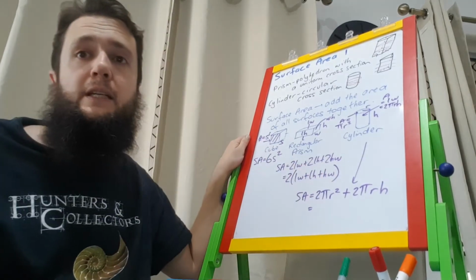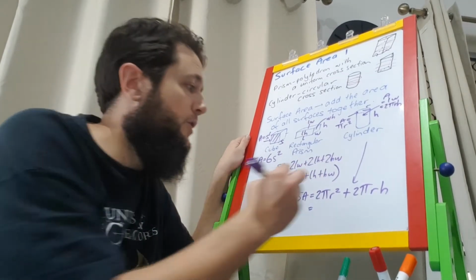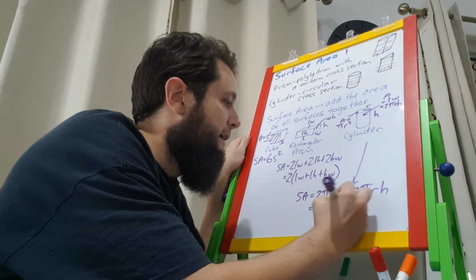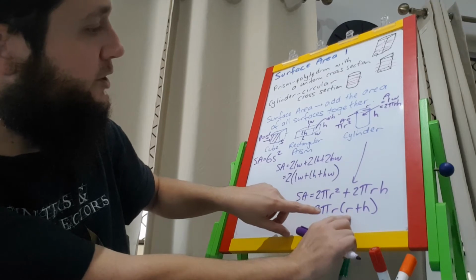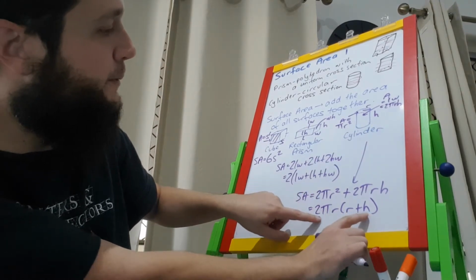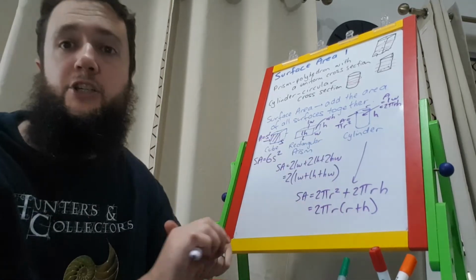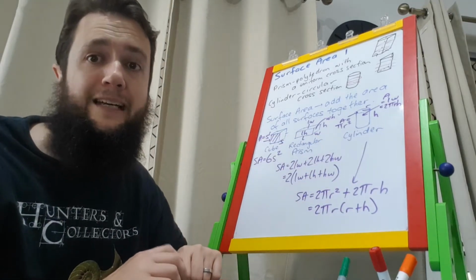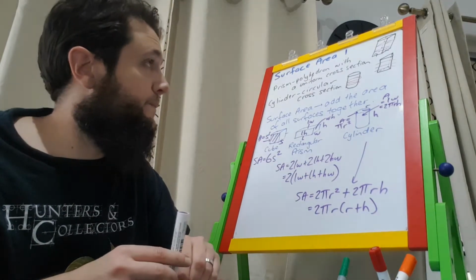So you will see in the text and elsewhere, often you'll see it quoted as 2 pi r, in brackets r plus h. Because 2 pi r times what would give 2 pi r squared? It's an r. And 2 pi r times what would give us 2 pi r h? It's the h. So you'll also see that quoted as the surface area of a cylinder.